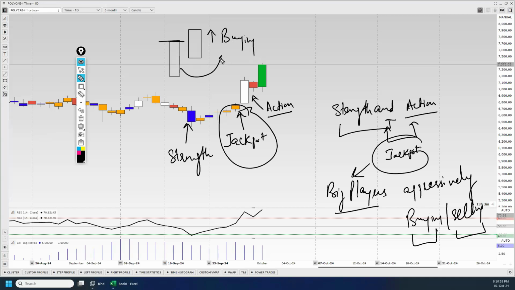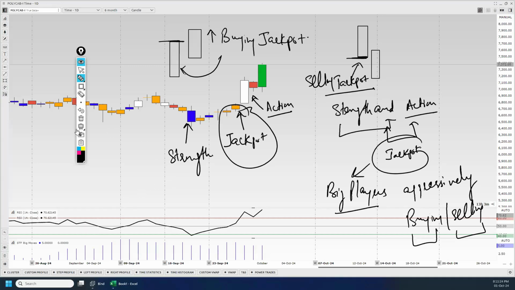But if this happened and the next day it breaks the low of the previous day, then this one is a selling jackpot.